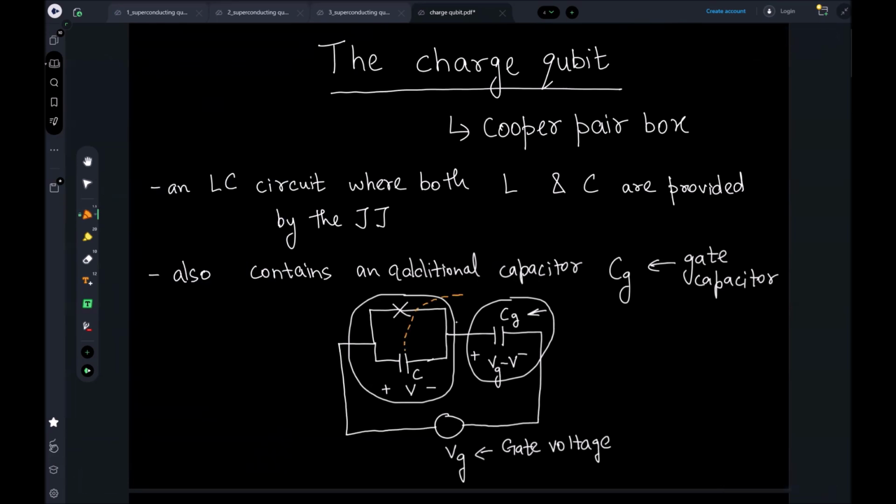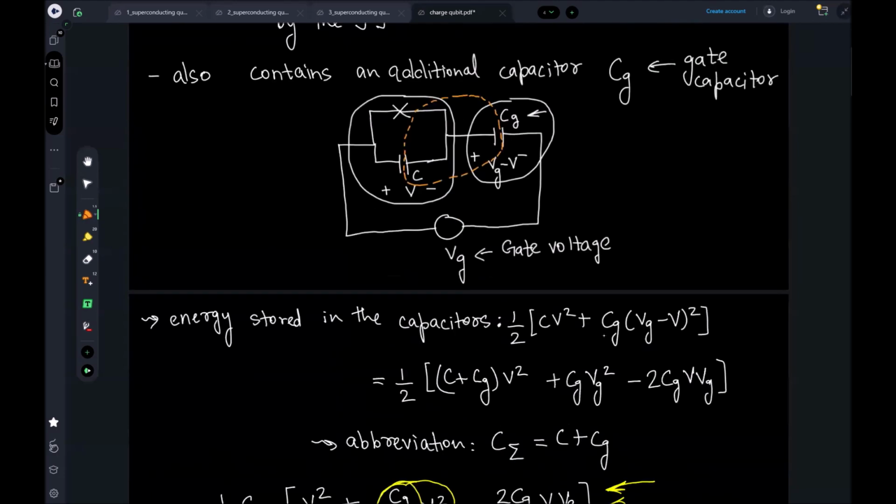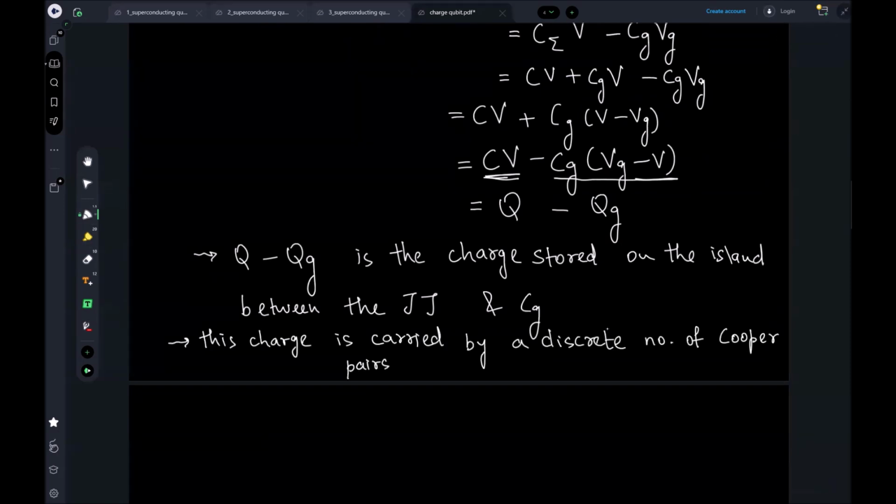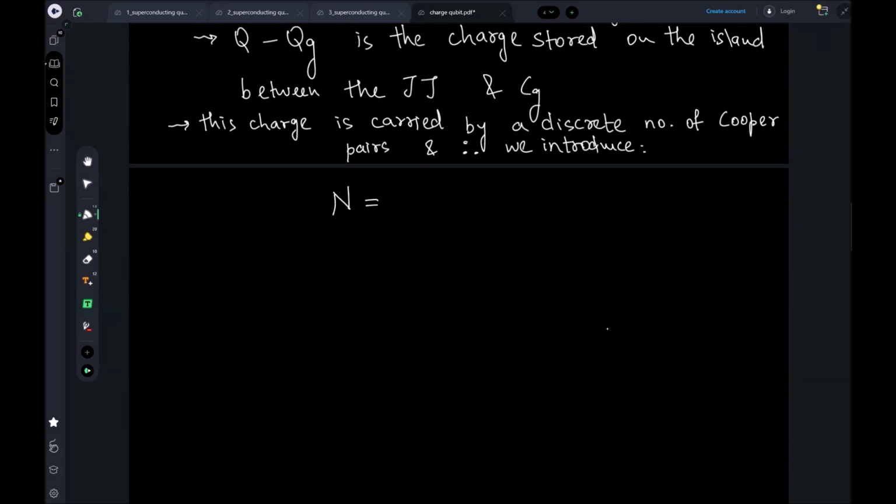So we take this as the island. And actually, this charge is carried by a discrete number of Cooper pairs. And so we can introduce a new variable n, which is the canonical momentum divided by 2e. And this actually directly corresponds to the number of Cooper pairs on the island.